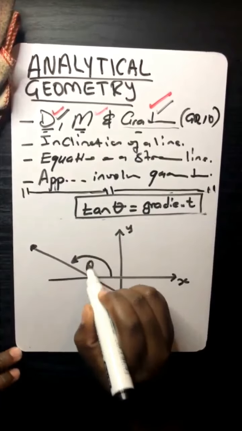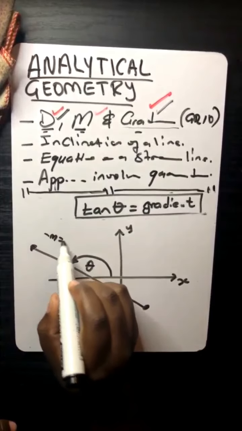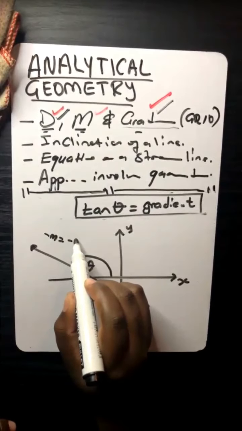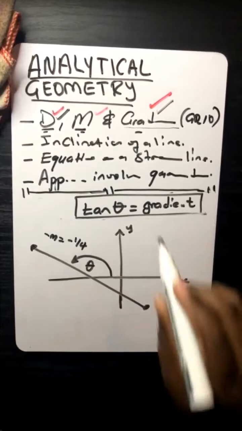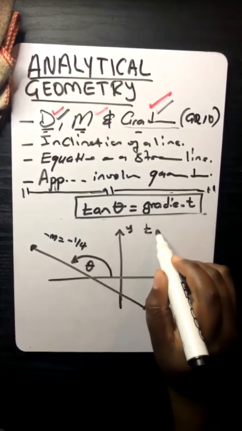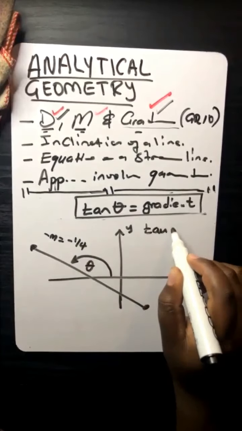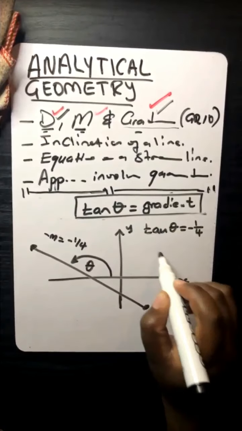Let's call it angle theta, and assume it's a negative gradient, say negative 1 over 4. So let's calculate that angle. This is tan theta equals negative 1 over 4.